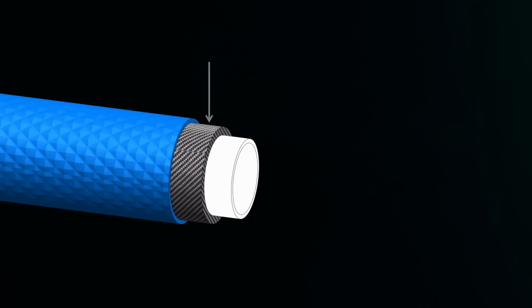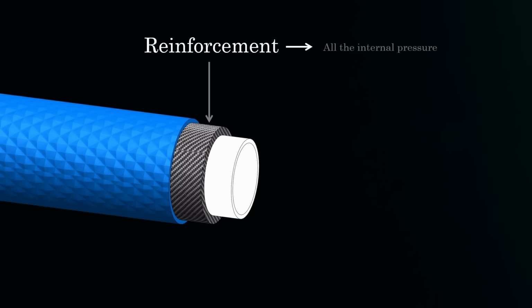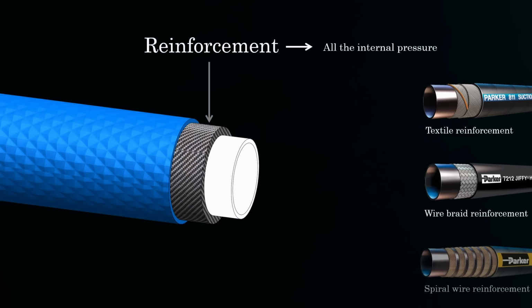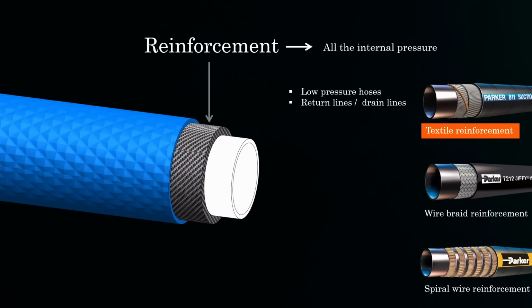The second layer is the reinforcement layer. This is the most important layer from the pressure point of view. It carries almost all the internal pressure. There are three common types of reinforcement. The first is textile reinforcement. This is used for low pressure hoses, typically for return lines, drain lines and pilot lines. These hoses are light and flexible, but their pressure rating is limited, 3 to 5 bar.